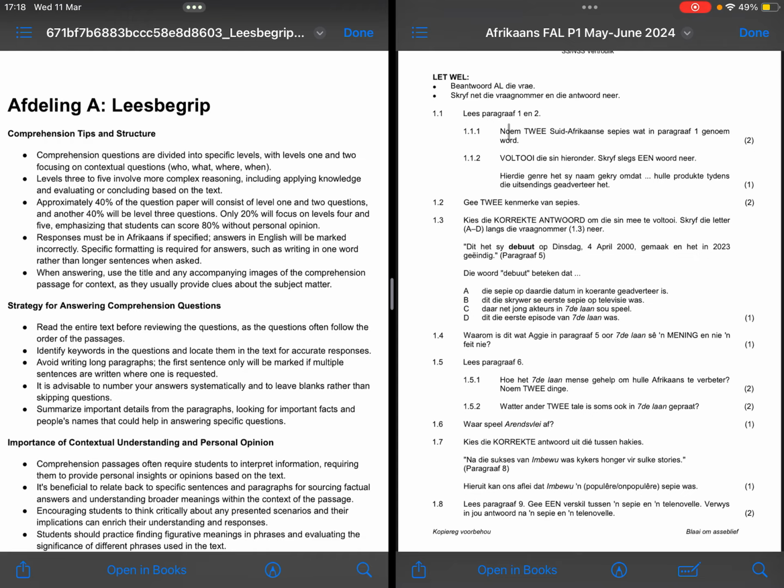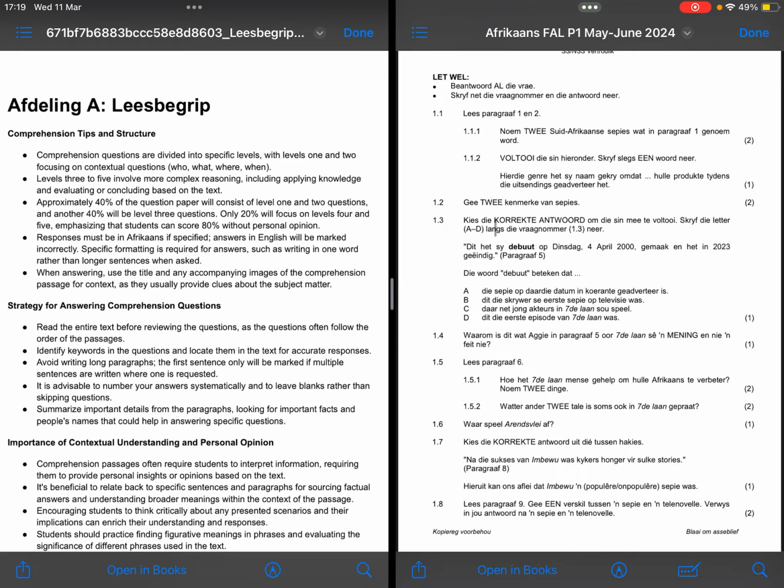We can see that here. So this noem twee Suid-Afrikaanse sepies wat in paragraaf 1 genoem word. So again, that's another way of asking wat. Wat is die Suid-Afrikaanse sepies, soap operas that are named in paragraph 1? Again here, gee twee kenmerke van sepies, give two characteristics of soap operas.